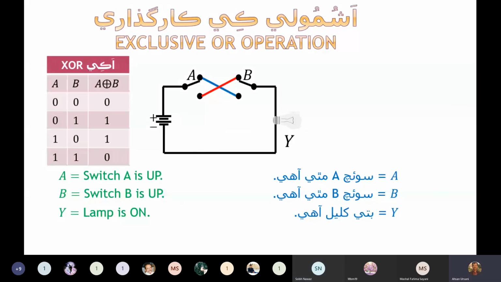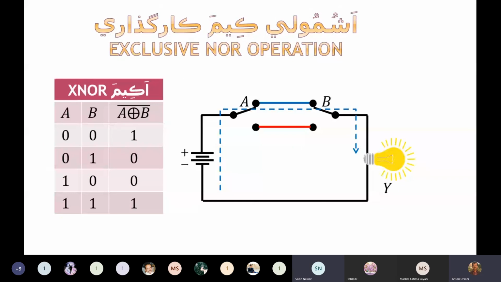They were connected in cross before, now they are not. If both switches are up, lamp is on. If one switch is up and the other is down, lamp is off, this way and this way also off.